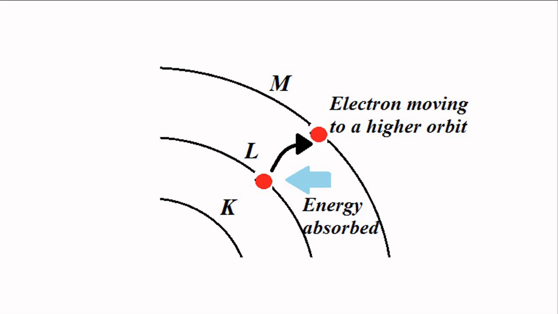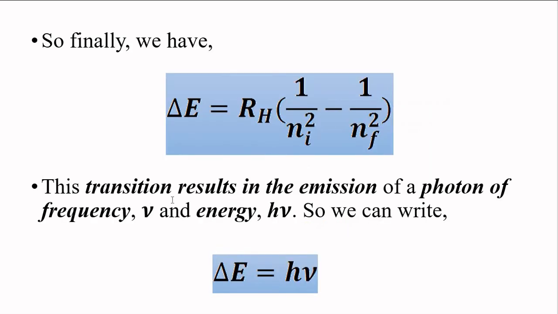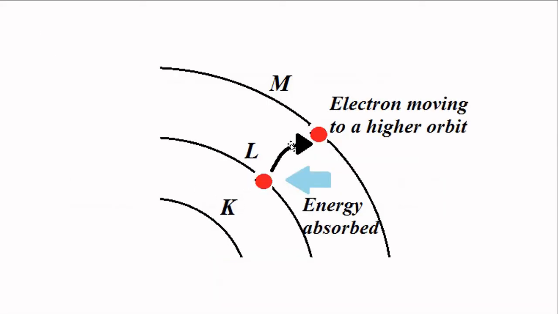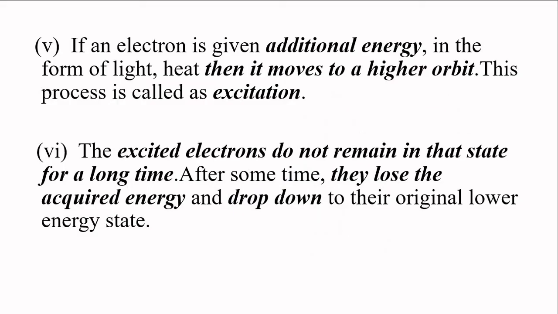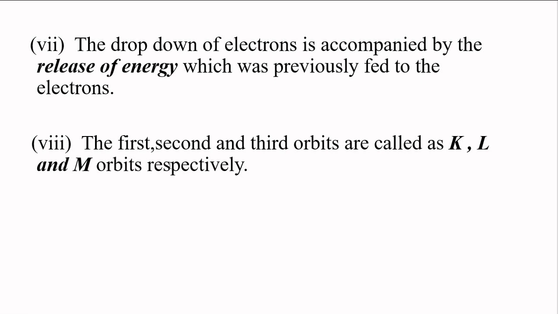It has to be fed with a photon of frequency nu and energy h nu, which matches this energy difference. Only then will it make the transition from a lower orbit to a higher orbit. Another important thing is that these orbits are designated as K, L, M orbits, first, second, third orbits, like that.